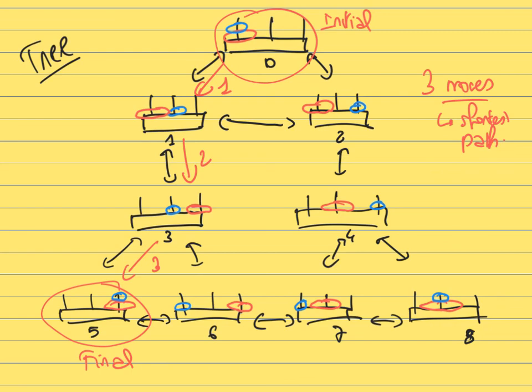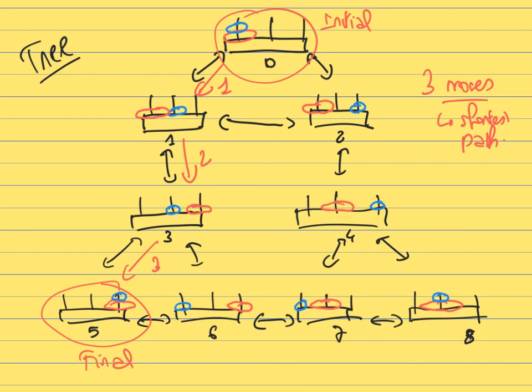So in the next lecture, what we will see are different algorithms on how to achieve this. Some algorithms are very efficient because they are very fast at finding the solution, but it's not guaranteed that they will necessarily find the fastest, most efficient way.